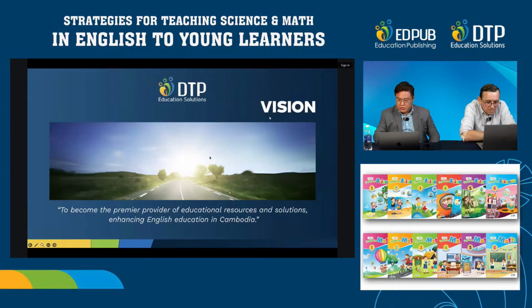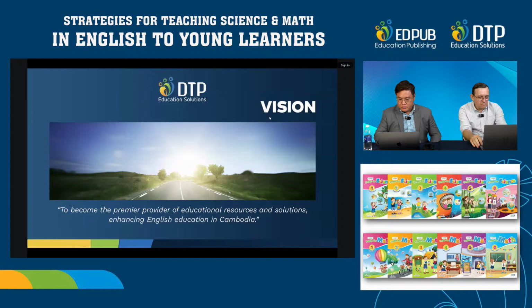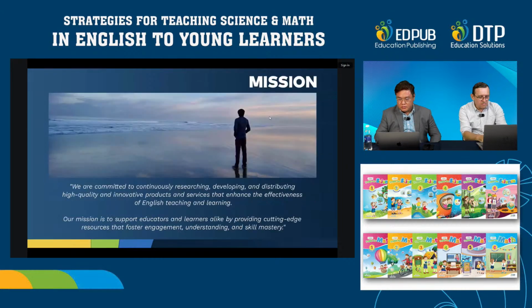So our vision is to become the premier provider of educational resources and solutions enhancing English education in Cambodia. On behalf of Cambodian students, we are proud that we have access to the world's teaching and learning resources.